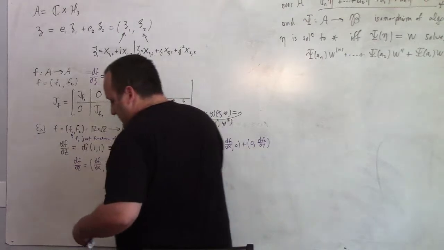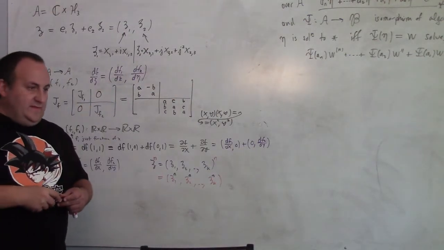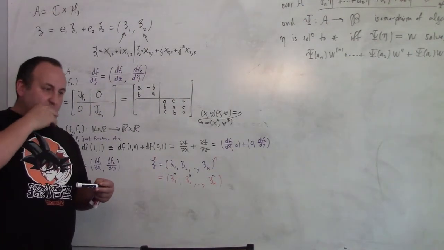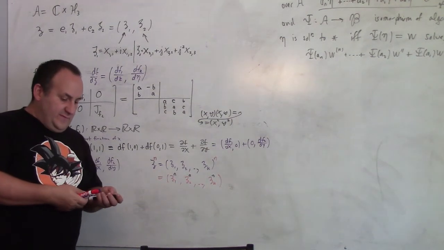In other words, that's useful because we have isomorphisms to direct product algebras for many of our examples.